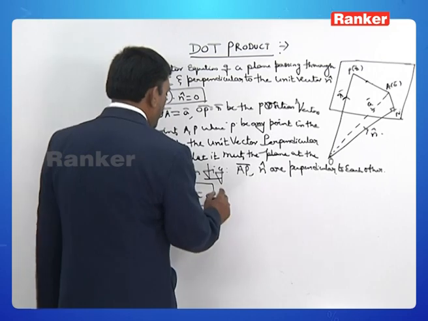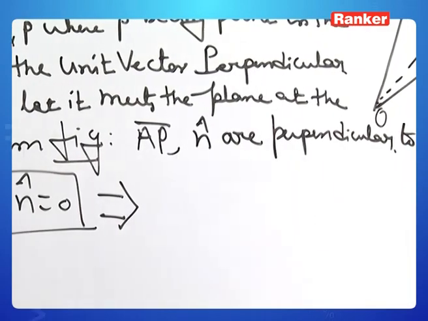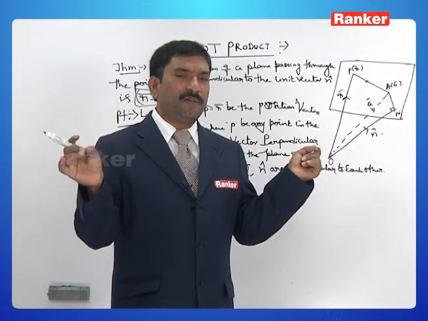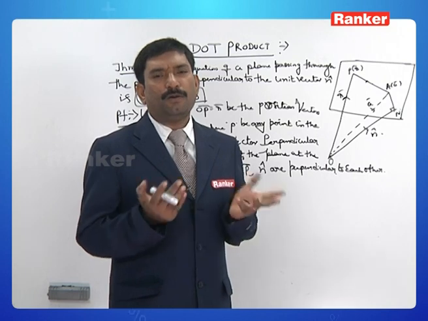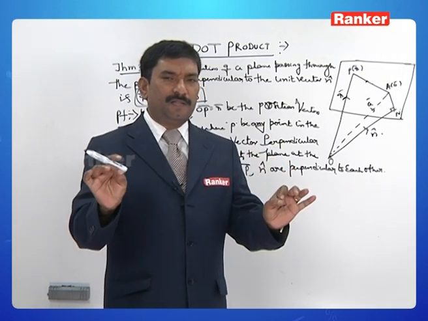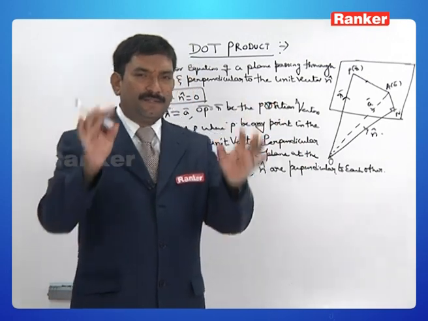Which implies, AP bar vector is not given, its position vectors are given. How? Every vector can be expressed as position vectors of its extremities.